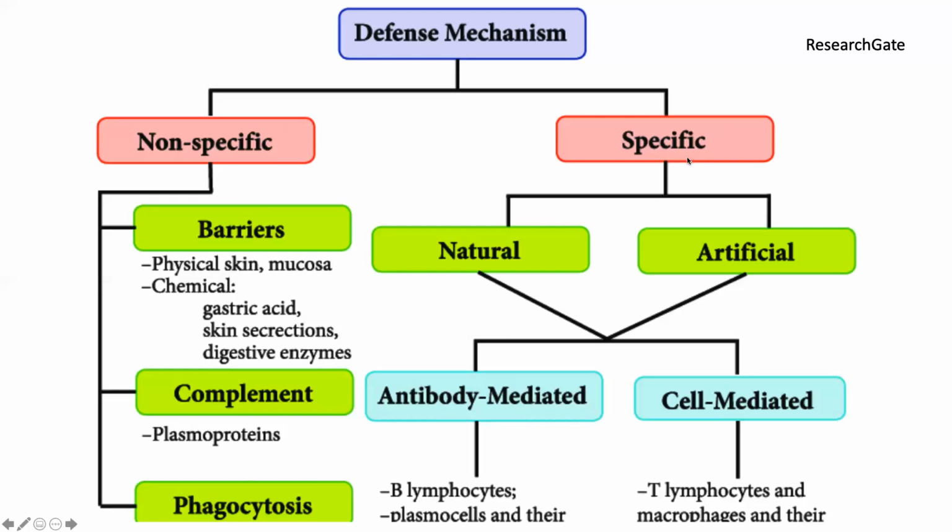When it comes to specific defense mechanism, we can split it into natural and artificial. Natural specific defense mechanism is what we have built within our body, and artificial specific defense mechanism would be something like vaccines, for example the COVID vaccine or any immunization or vaccination.